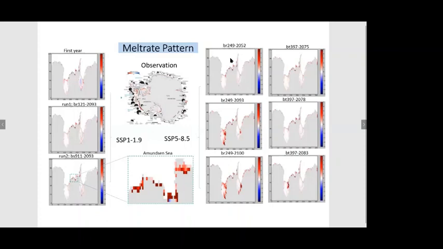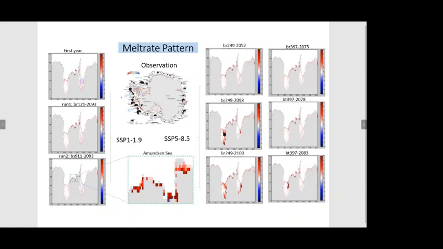So this is the first member of the SSP5. In year 2052, the red color shows that it's starting to melt. So the warm water enters through this trough, and by the year 2093 melting occurs in many areas.